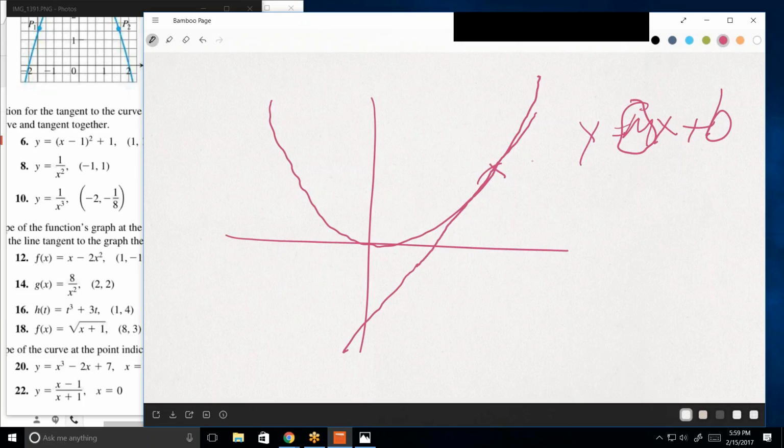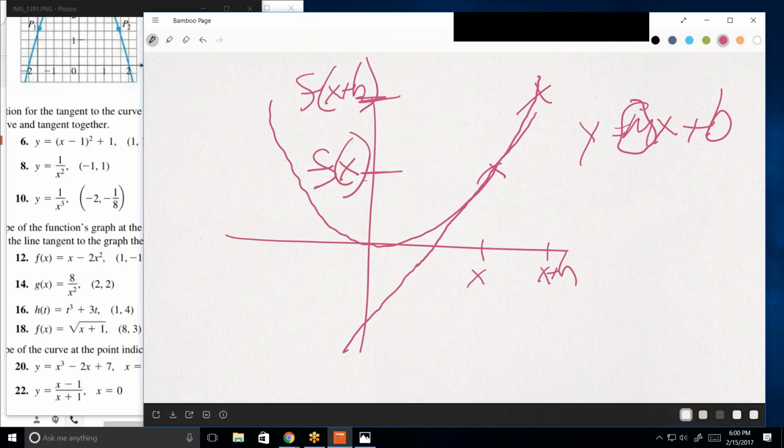But the way you figure out the slope of that tangent line is by putting an x there, and up here x plus h, with h being some distance. That makes this point up here be f of x plus h. That makes this point down here be f of x.